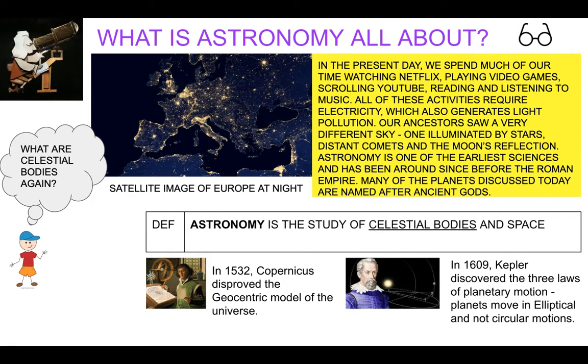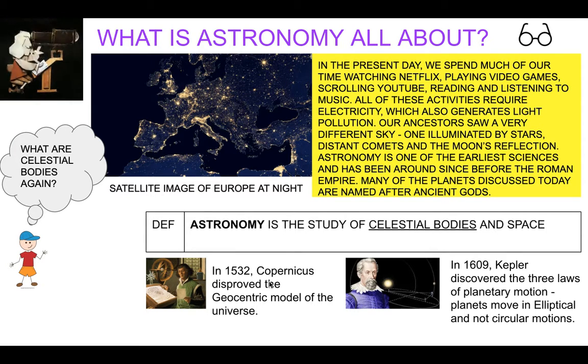Okay, so in terms of the history of astronomy, you should be aware here of two different fields of view on astronomy, two views that clashed back in the day. That was the geocentric model of the solar system and also the heliocentric model of the solar system.